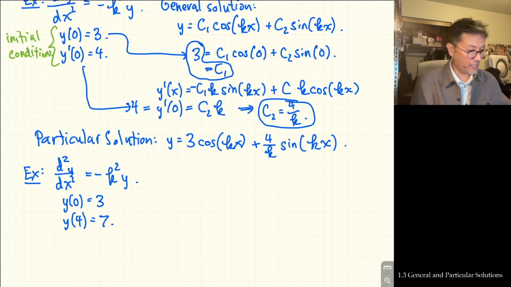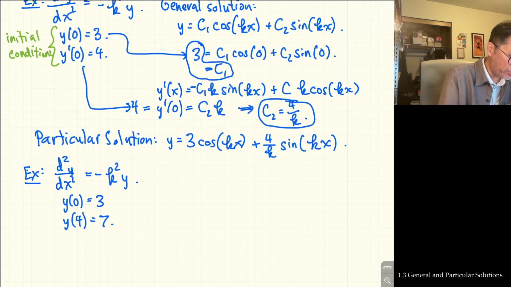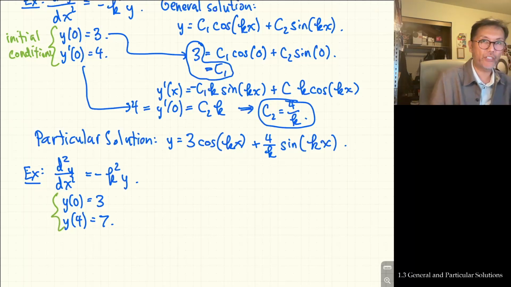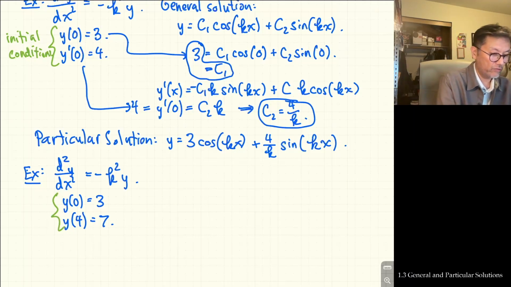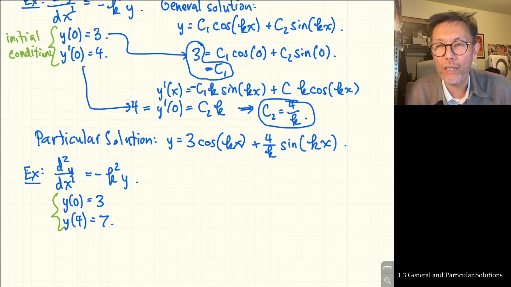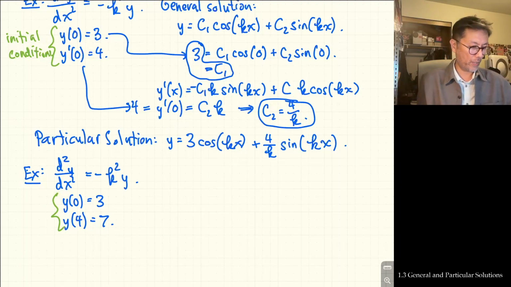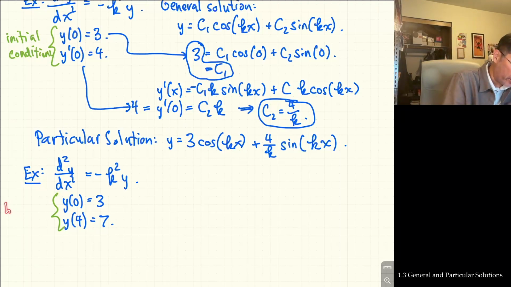This is a different type of set of constraints, because this no longer involves the derivative at 0, right? Up here, we saw the derivative at 0 being specified. Here, we're not specifying the derivative at 0. We're instead specifying the value of y at 2 different points, okay? And these are called boundary conditions.